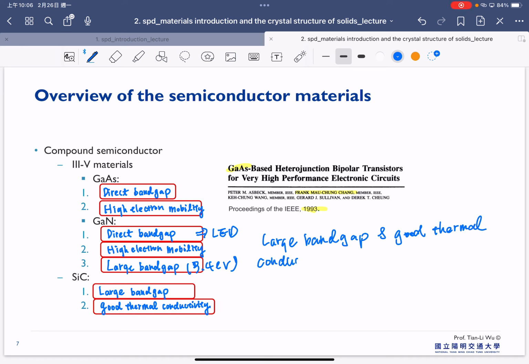And this suggests that these materials are very good for applications used in high temperature environments. Generally, we call this a high temperature application.